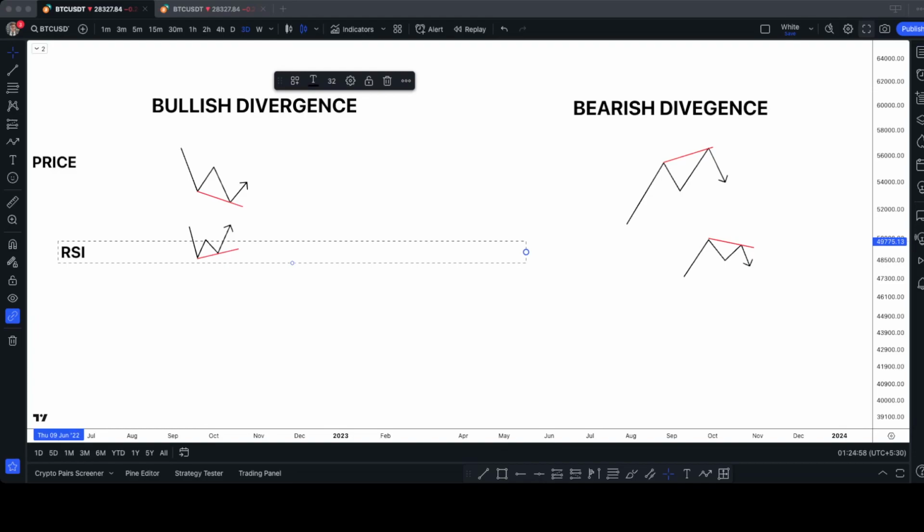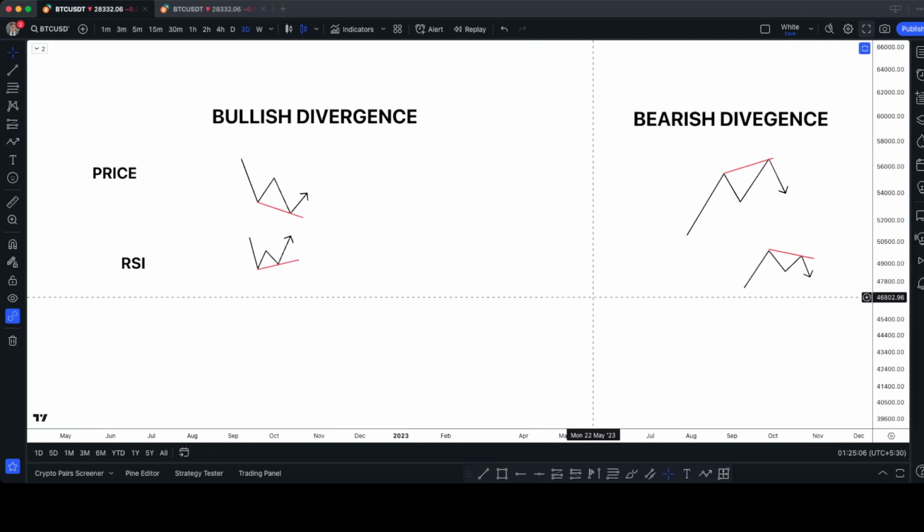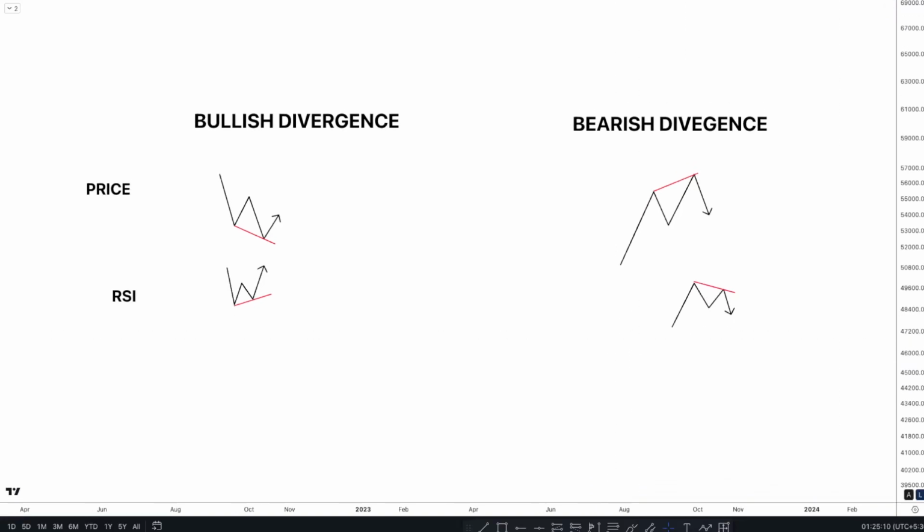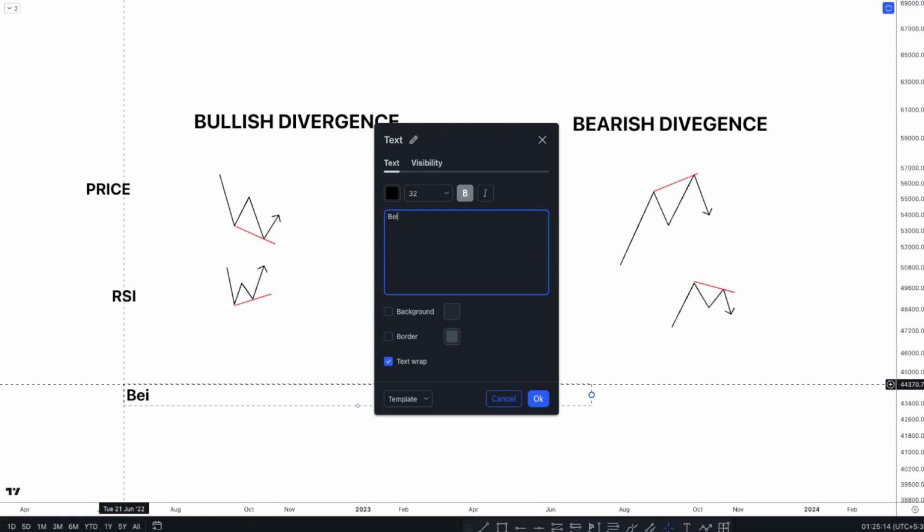Should you look at what price is doing first and then RSI? You should look at both at the same time. And also I'll write it down for you. Bearish means short, so we will look for higher price to short.